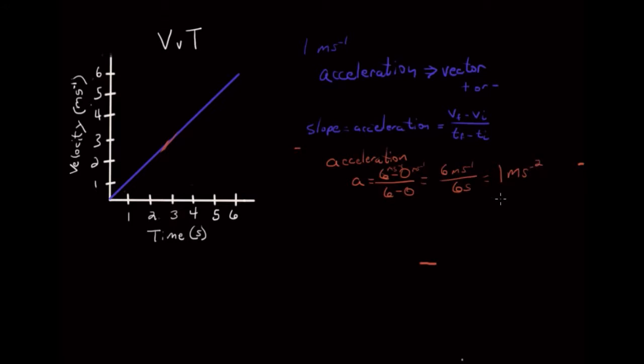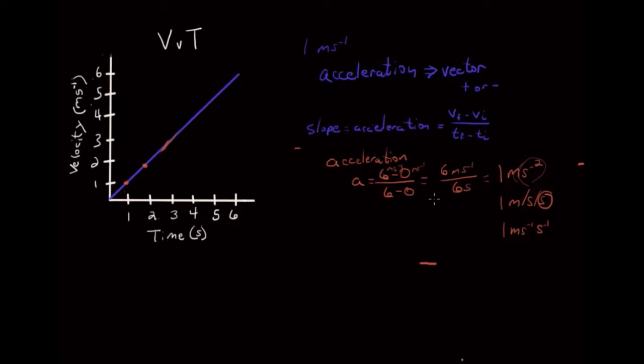Okay, in other textbooks you see this written like this, meters per second per second. Could write it 1 meter per second per second. What that means is when you see squared, especially for time, that for every second we are increasing our velocity by 1 meter per second.